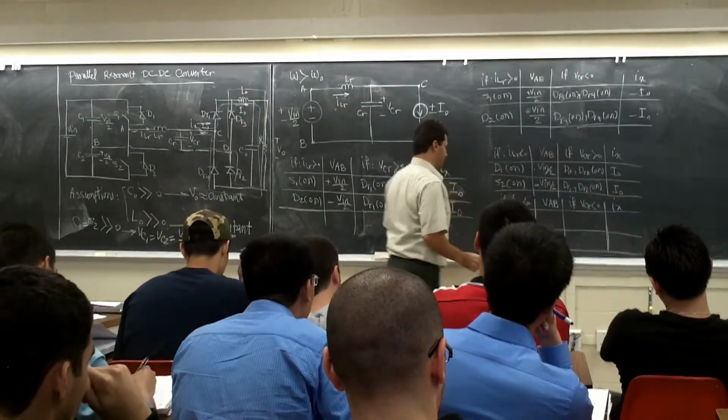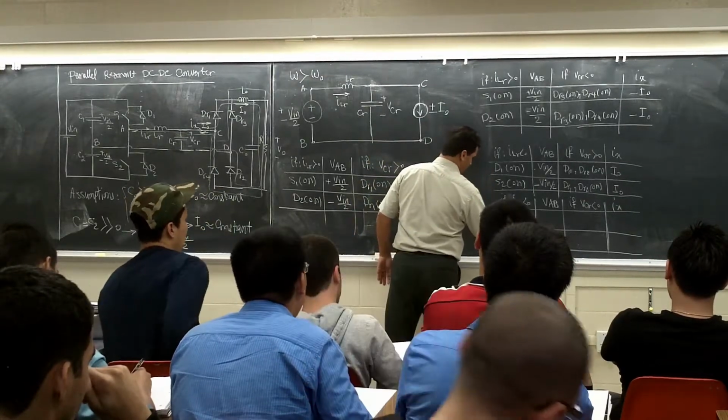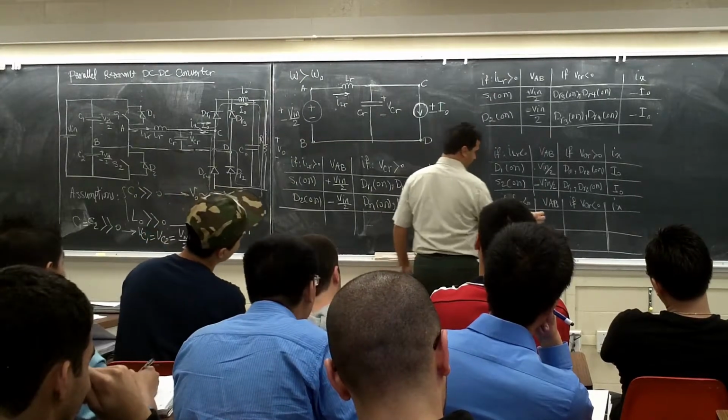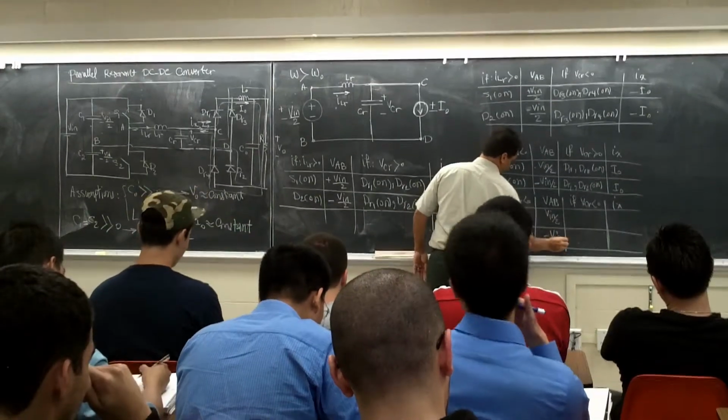So, if ILR is negative, again the same thing, right? D1 on, S2 on, again here, Vin over 2 and minus Vin over 2.